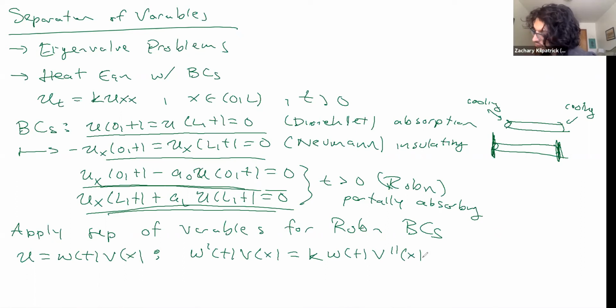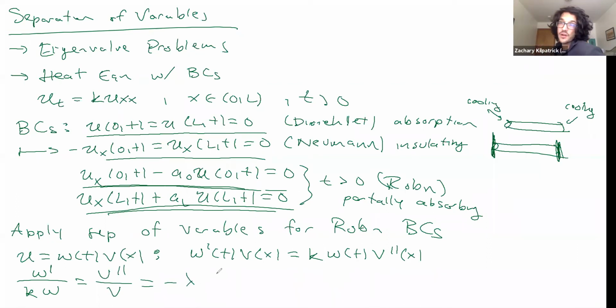I can rearrange this as before, so I get W' over K W is equal to V'' over V is equal to some constant I'll call minus lambda. Because this is just a function of t and this is just a function of x, these have to be constant in order to equal each other. So we say they're equal to a constant, and we'll make it negative lambda.